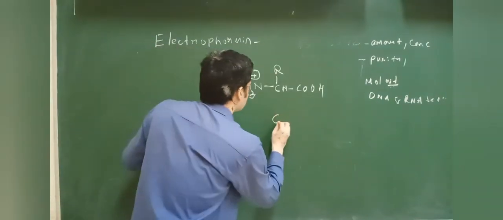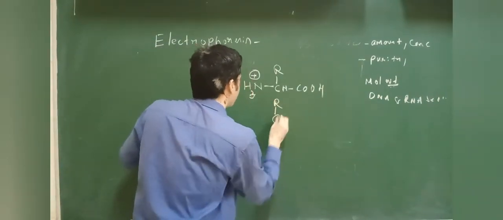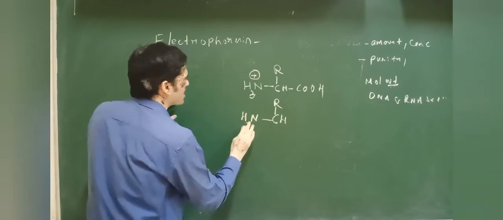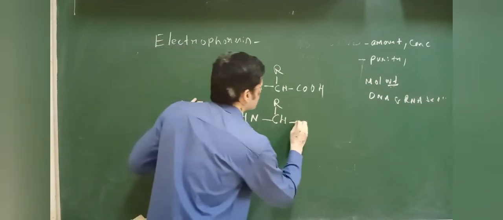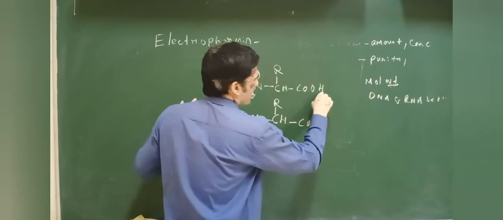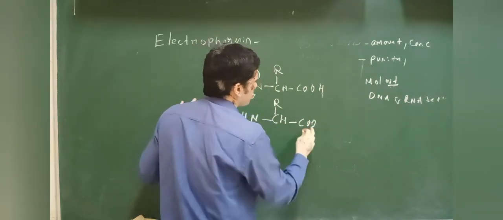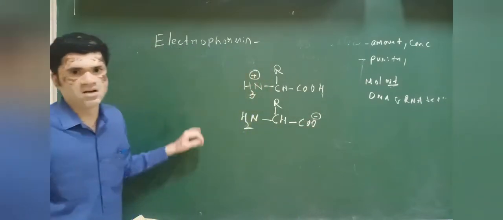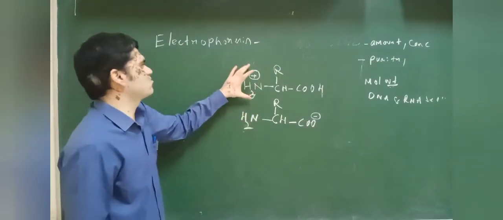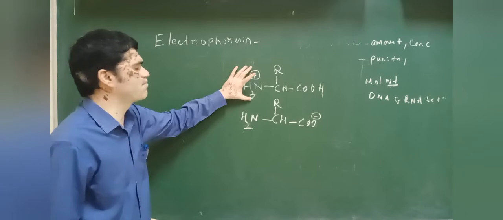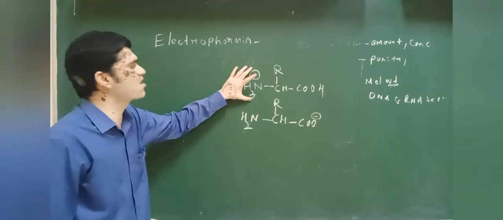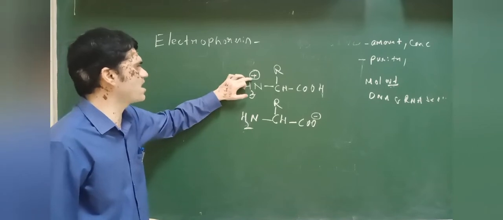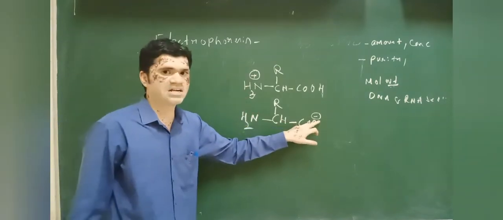Similarly, when this amino acid is present in basic medium, the base will abstract the H of the carboxyl group and it will acquire negative charge. Therefore, once these biomolecules like protein, DNA, RNA acquire charge, based on the pH they can acquire either positive charge or negative charge.